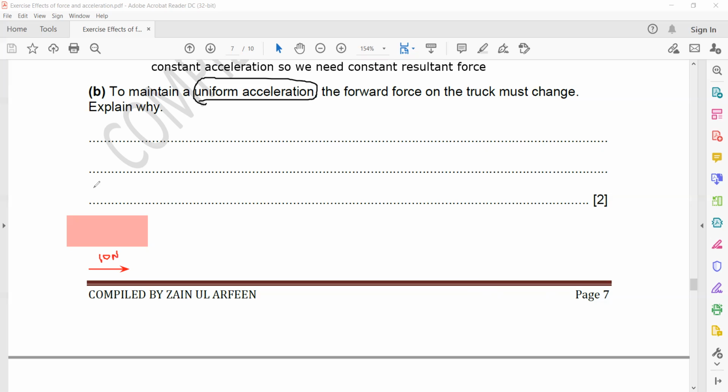The truck, for example, was moving at 40 meters per second. We want a constant force every time to maintain a constant acceleration. Constant acceleration means constant change in the speed.